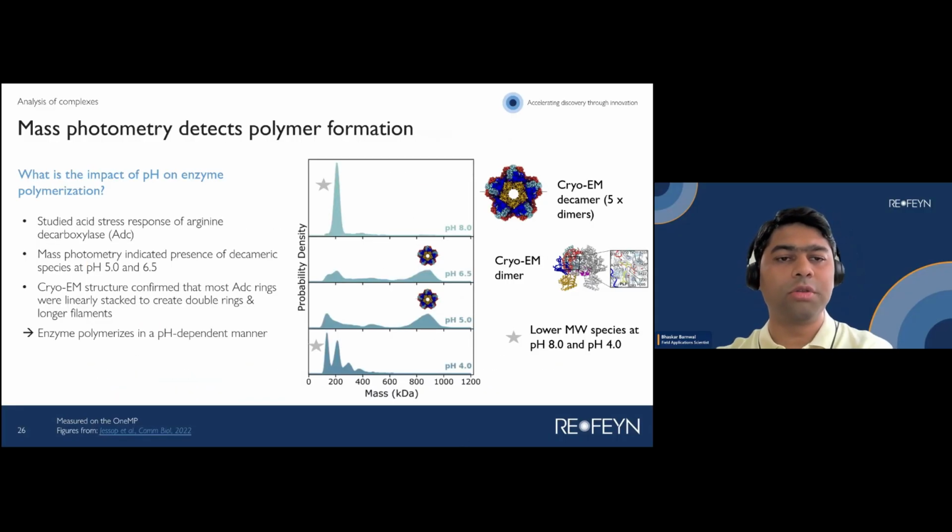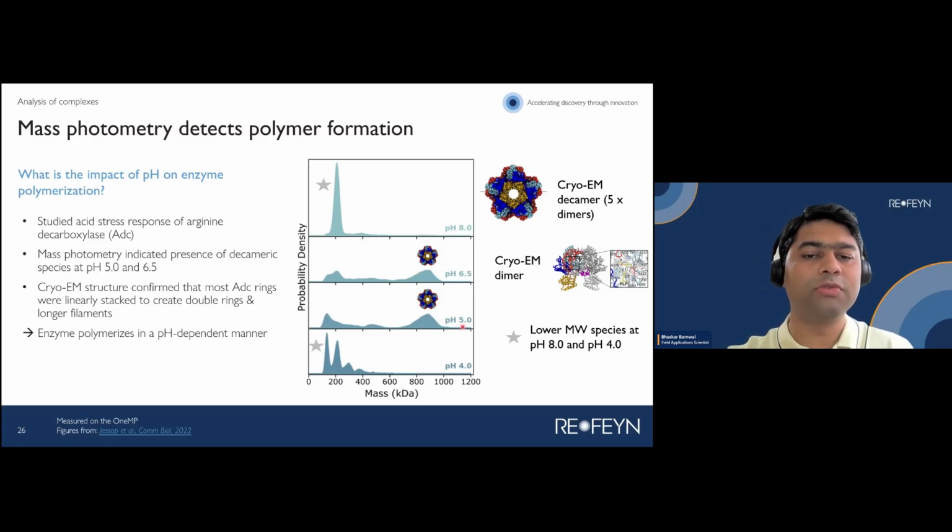Mass photometry can also detect polymer formation, as in this case, it is arginine decarboxylase, and it was evaluated at 4 different pH. You can see that at highly alkaline pH or at the acidic pH, the complexes do not form, they disassemble. However, at pH 5 and 6.5, you can see the complexes at around 900 kilodalton.